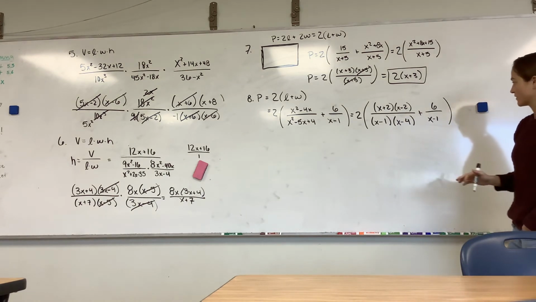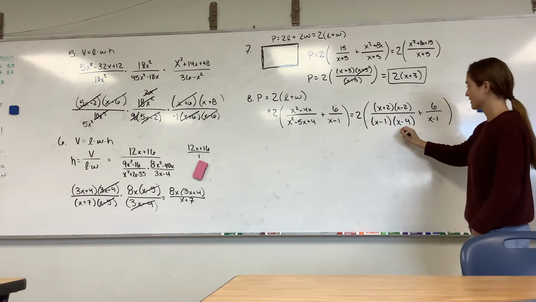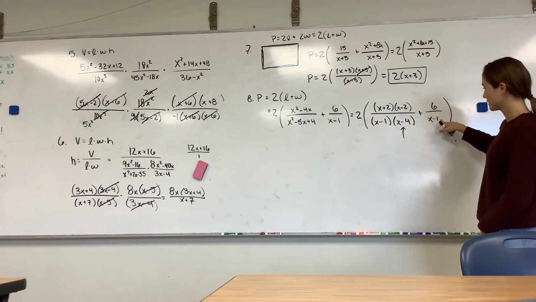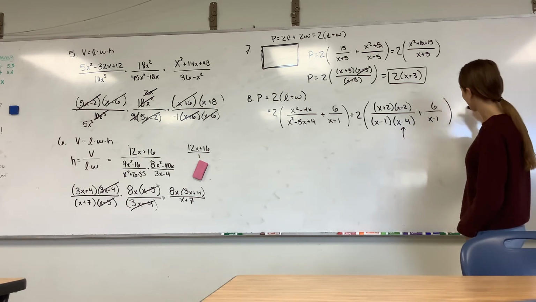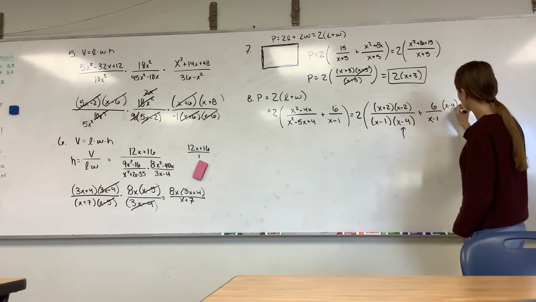Now that I've factored it out, I can see what's missing from this denominator that this one has, and that's this term, right? So I'm going to multiply both the top and the bottom of this expression by an x minus 4. So x minus 4 over x minus 4.